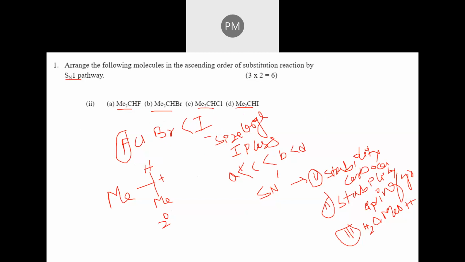Both of the cases have a 2-degree carbocation, so the carbocations are the same, but the leaving groups differ: one case is fluoride, another is bromide, chloride, and iodide, and so on. In that case, iodide will be a much better leaving group as compared to fluoride, chloride, and bromide. So iodide will favor the SN1 pathway more. So D will be the highest one, then B and C, and then F.